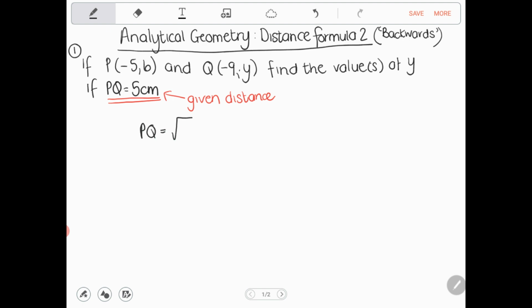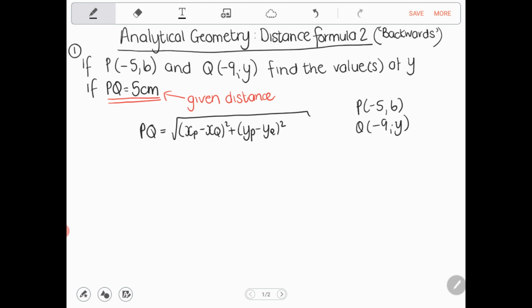So the length of PQ is equal to the square root of the x at P minus x at Q, squared, plus the y at P minus the y at Q, squared. Okay, and then here are my points, and we're going to substitute them. And we're also going to substitute the distance.